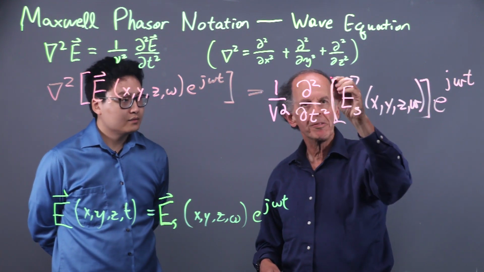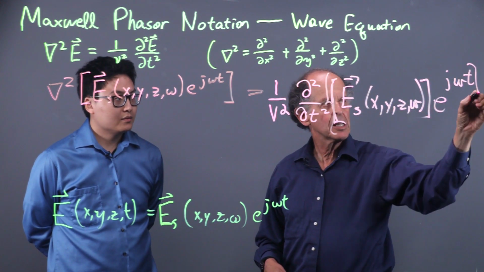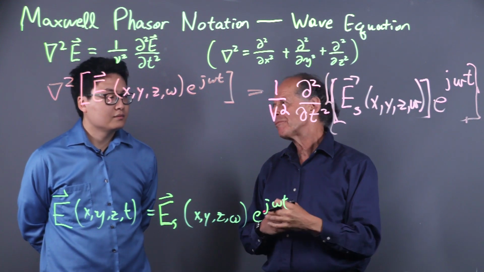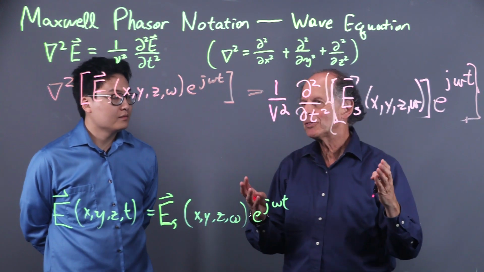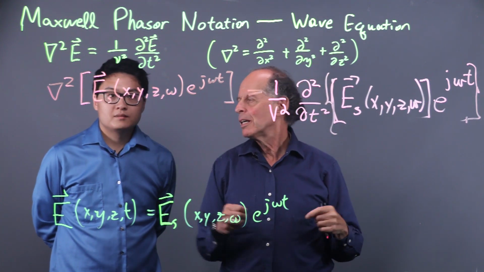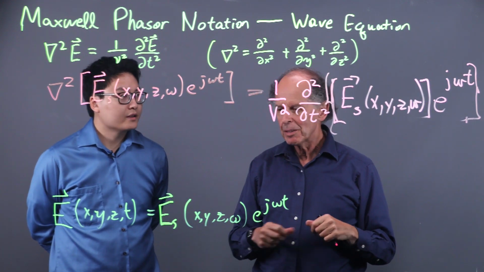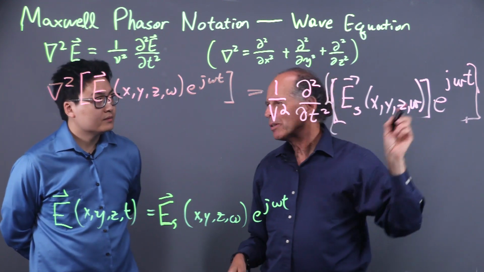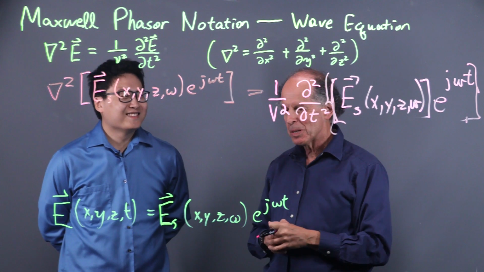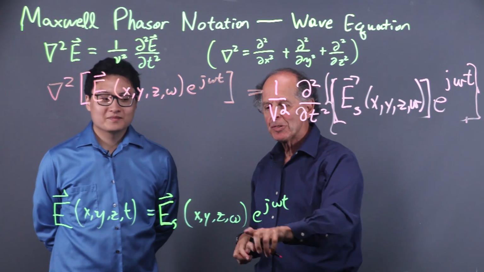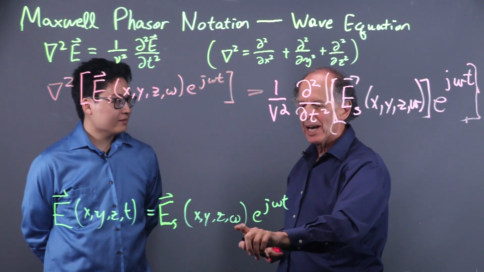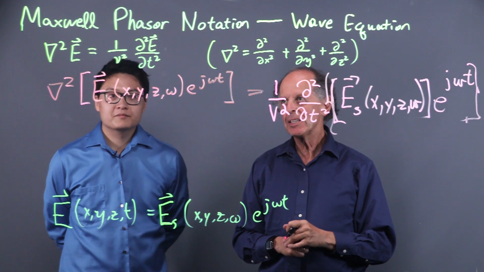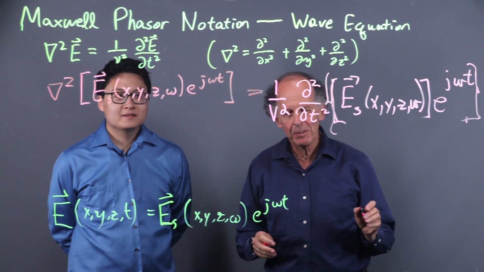So this whole thing is time differentiated. And now if we simplify it, we will get an equation only involving the phasor E_s. Notice that things will happen to the exponentials to simplify, and you'll right away see now why we have the omega here for E_s. And I think that's all we have to say about phasors.